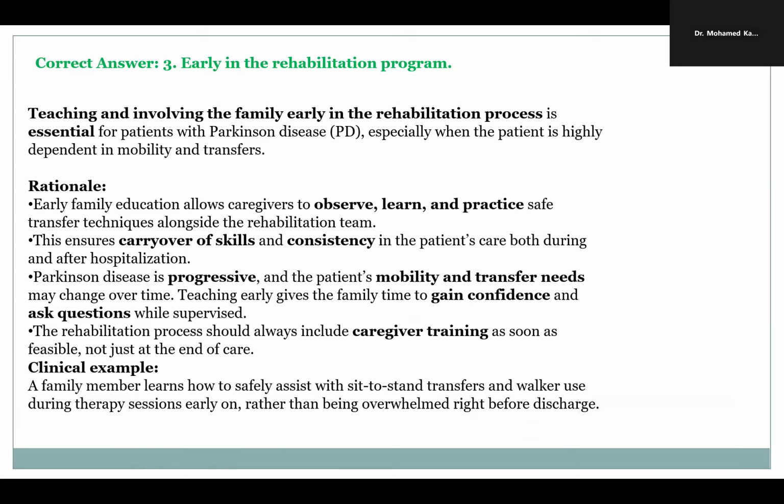So this can be done during physical therapy sessions early on. Later on, the family will get this confidence. They will not be feeling overwhelmed with the practice of these activities with the patient, because you will not be there all the time as a physical therapist. They will be dealing with the patient by themselves.